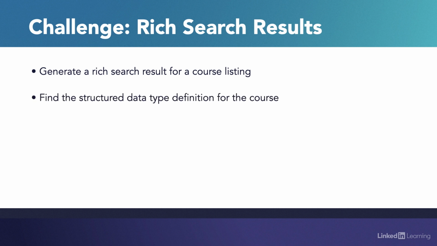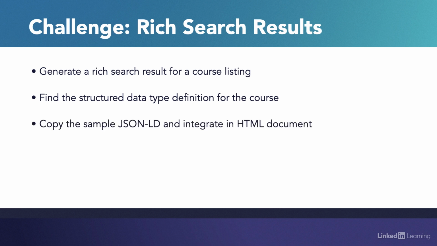Then what you're going to have to do is look at that course and find the structured data type definition for the course. So make sure you look at the Google documentation and find what it has to offer for a course. Then you're going to want to copy the sample JSON-LD, drop that into your HTML document, edit it appropriately, and make sure that the data that's there is matching the course data that you are working with.